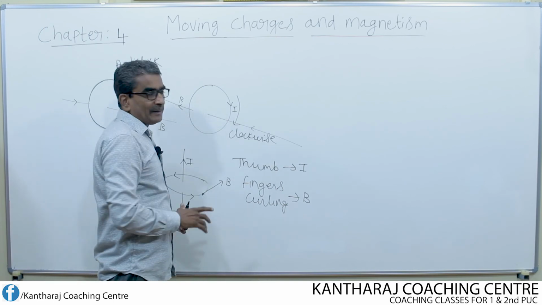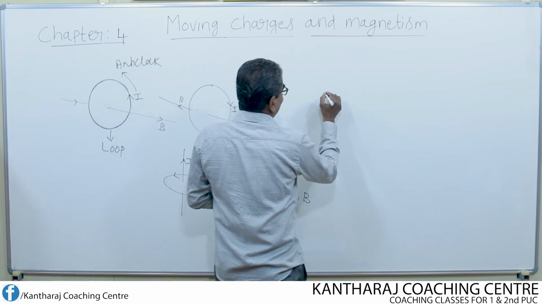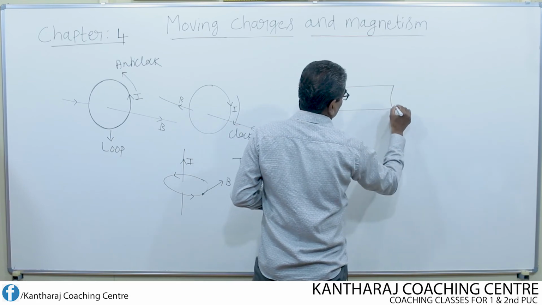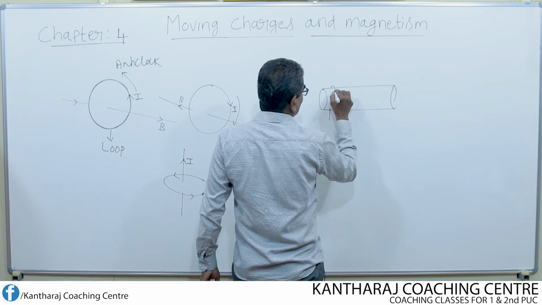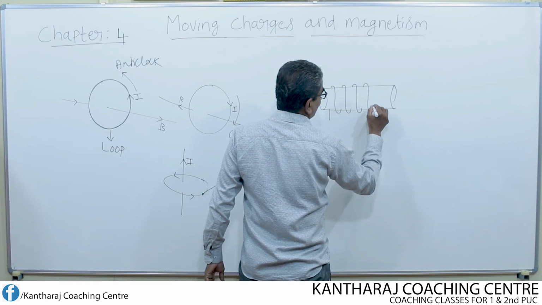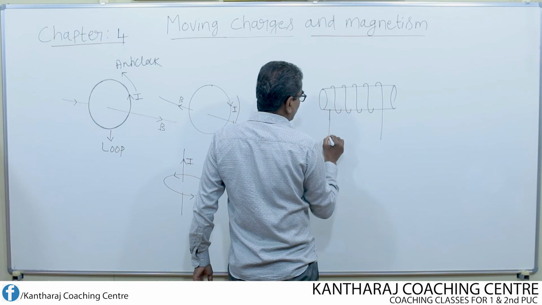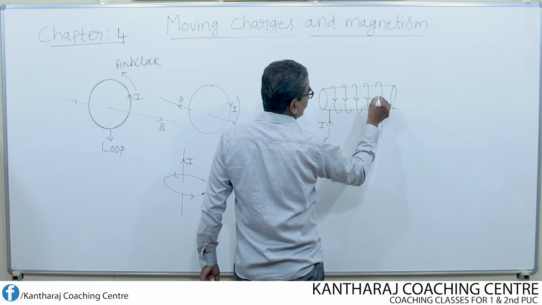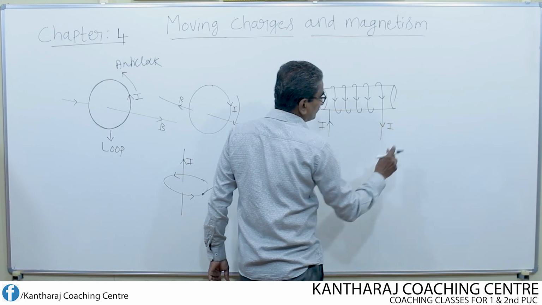In the same way, if you consider a solenoid, this is the solenoid. These are nothing but the turns of the solenoid through which the current flows. Look here, this is the current. The current is flowing like this through each turn, and finally it comes out.